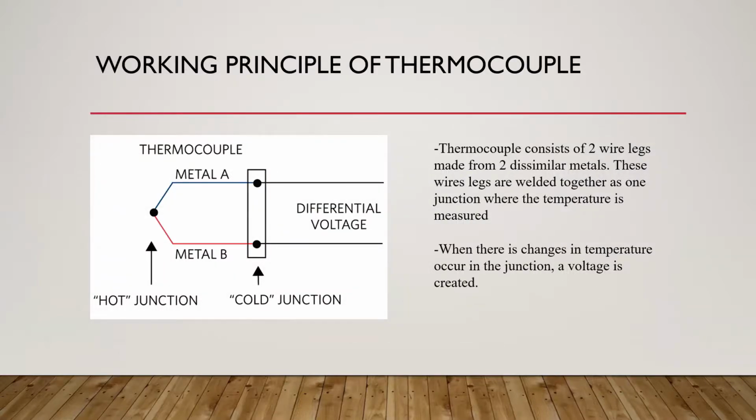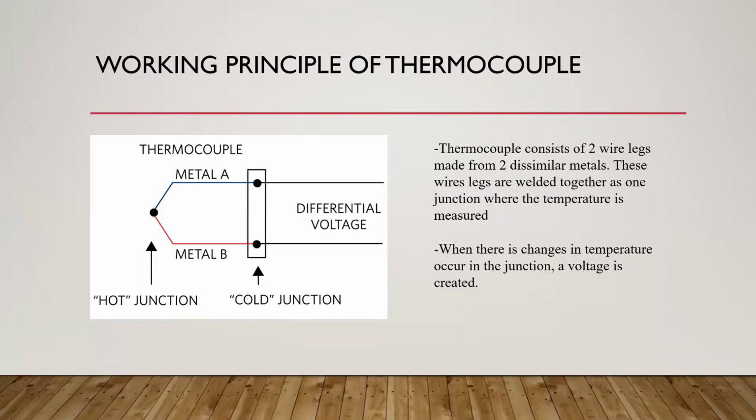Since my FYP project focuses on dynamic calibration of the thermocouple, I will introduce the basic working principle of the thermocouple. From this figure, we can see that there are two dissimilar metals, metal A and metal B, and two junctions: a hot junction and a cold junction.